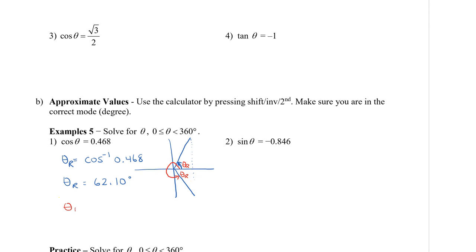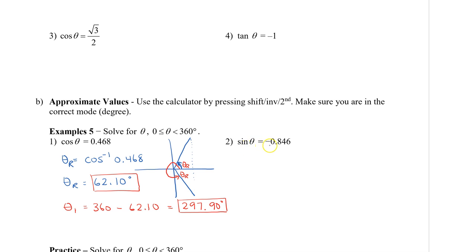So to find the second angle in the fourth quadrant, we can go full circle of 360 degrees, but then we need to minus that reference angle of 62.1. So this gives us 297.9 degrees. And there are my two solutions. Let's take a look at one more.